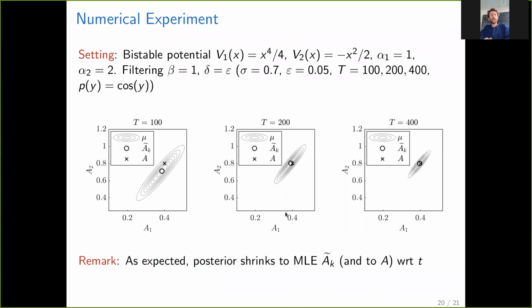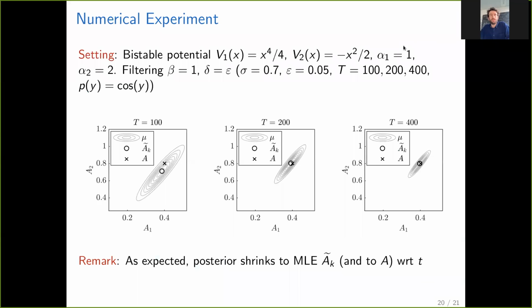Let's see this in a last numerical example. We take a bistable potential. We take V1, a two-component potential, where V1 is given by the fourth power of x, and V2 is a negative quadratic potential.